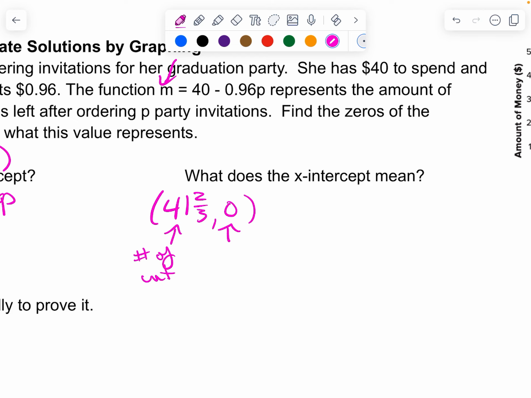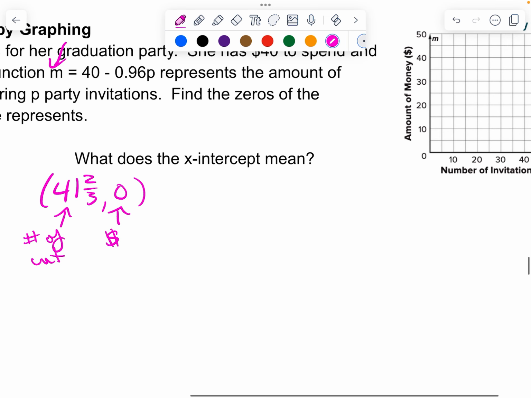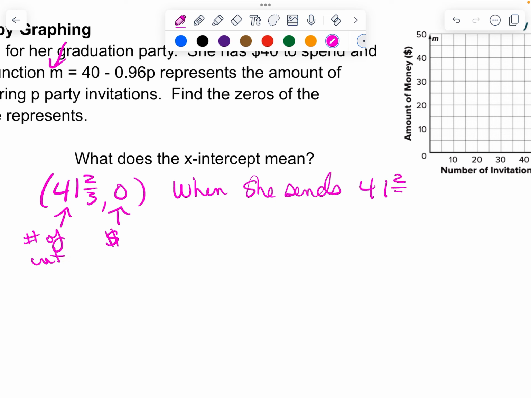Well, this is the number of invitations. This right here is the amount of money. When she sends 41 2/3 invitations, she will have $0 left.